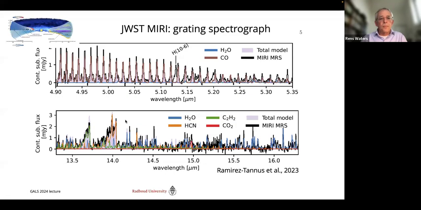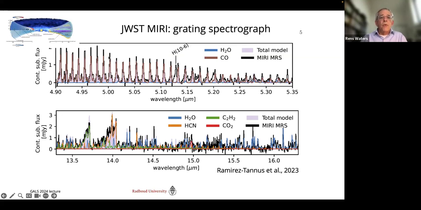Here's an example of a grating spectrograph, which is the MIRI instrument on board of the James Webb Space Telescope. And this is an example of a planet-forming disk that has been observed in a massive star-forming region, and all the peaks you see here, in the top diagram, are due to rotational-vibrational emission of the CO molecule in the v=1-0 vibrational band.